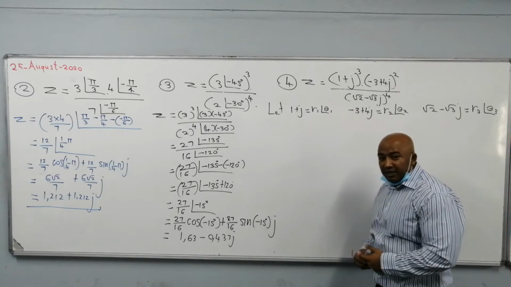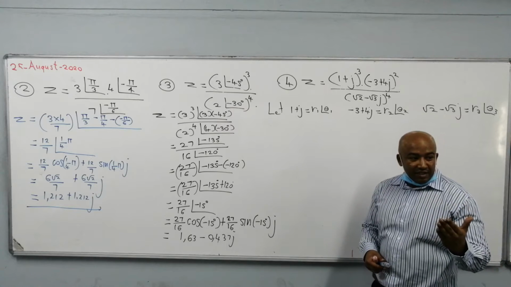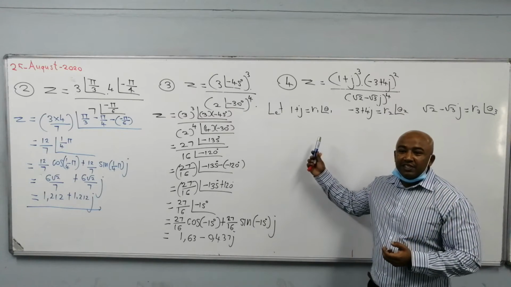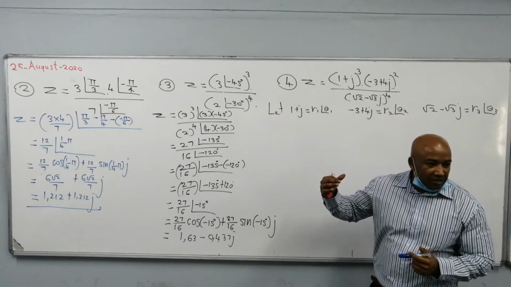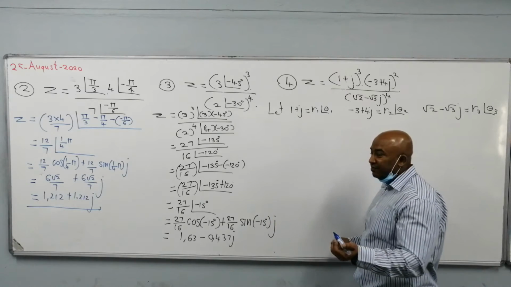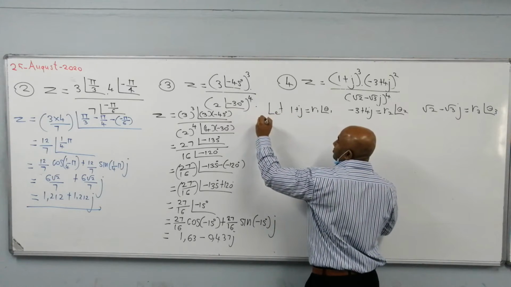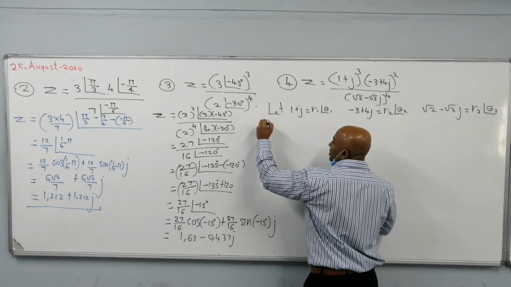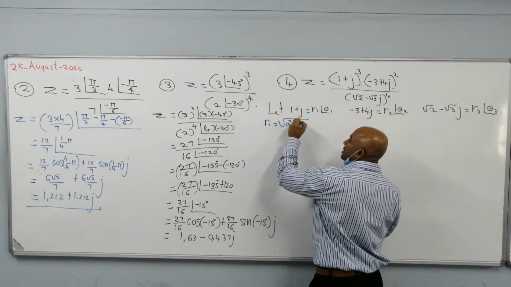Remember, how do you convert from rectangular form to polar form? You've got your calculator, I showed you how to do that. But now you need to write down the formula for your modulus to show that you're working it out without a calculator. So r1 is equal to the square root of a squared plus b squared.